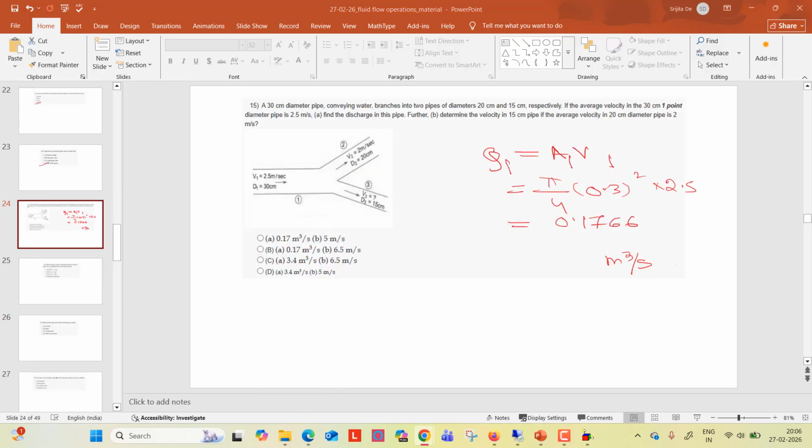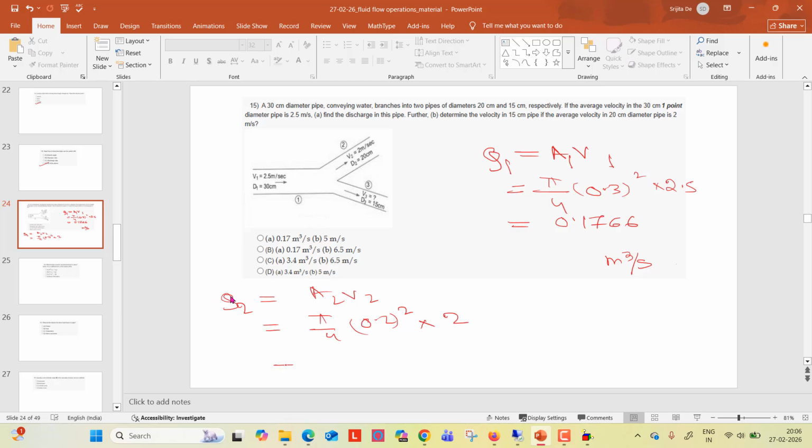In pipe 2 the diameter is known, velocity is known, so we can calculate its discharge. So it is A2V2 equals pi by 4, 0.2 square into 2.